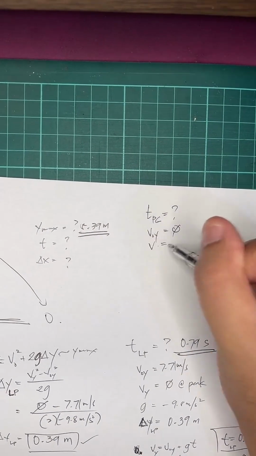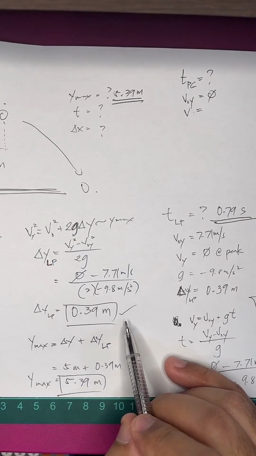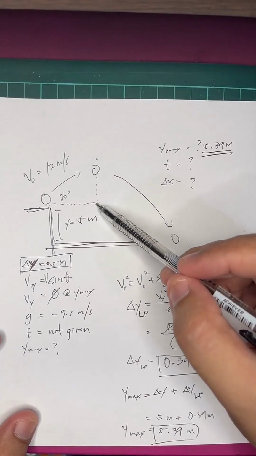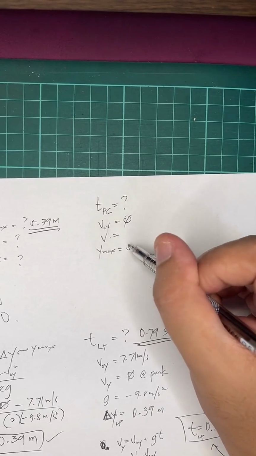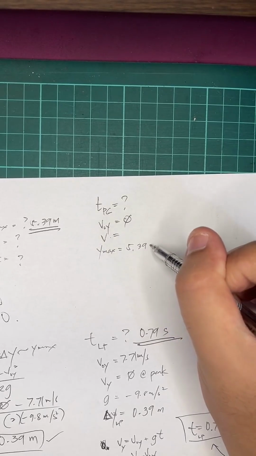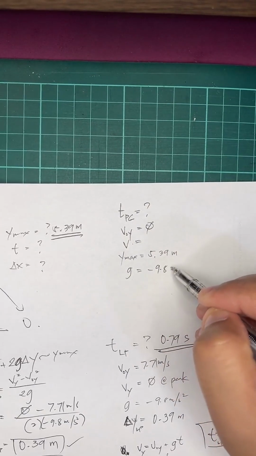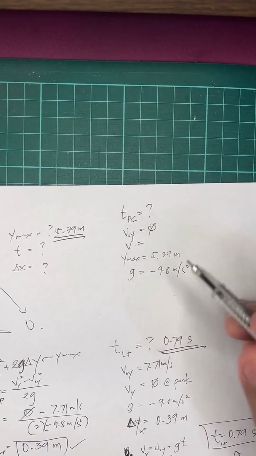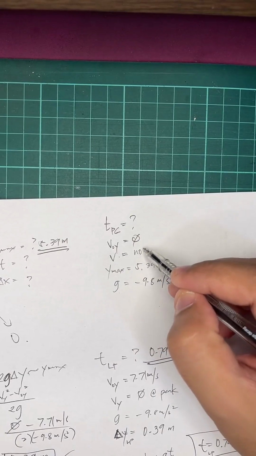This time, instead of using 0.39 meters for your height, we will take into account the height of the launch point. Therefore, we will use the y max, that is 5.39 meters. Still G would be negative 9.8 meters per second squared, and the time is what we are looking for. There is no mention of the final velocity, so it is not given.